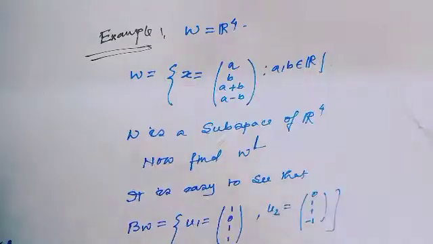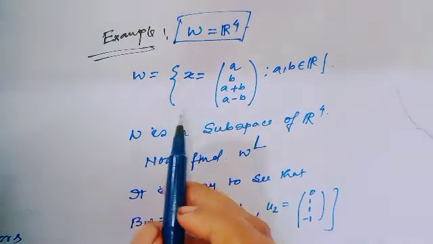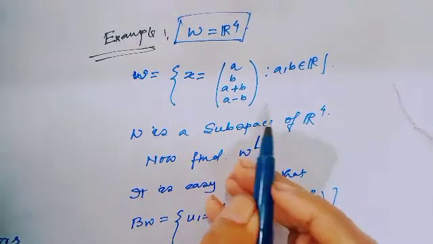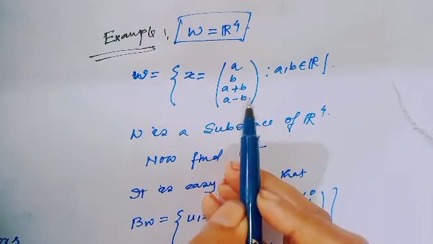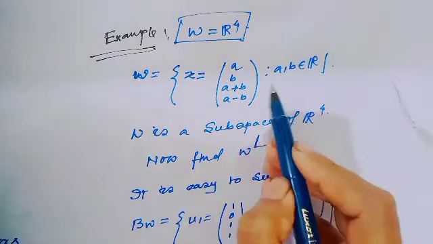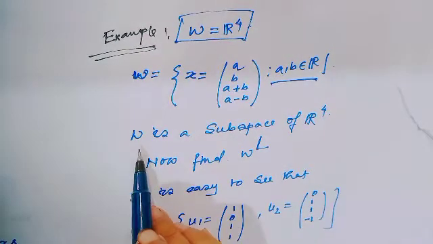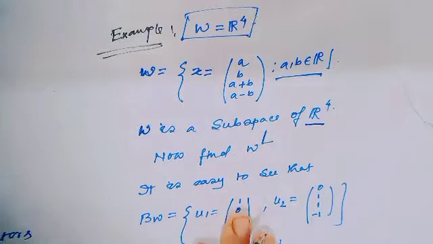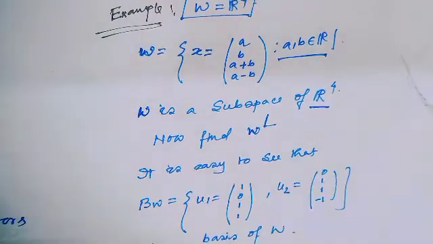As an example, consider the set W in R4, a subspace containing those vectors (a, b, a plus b, a minus b), where a, b belong to R. Obviously this small w is a subspace of R4. Now we have to find W perp.